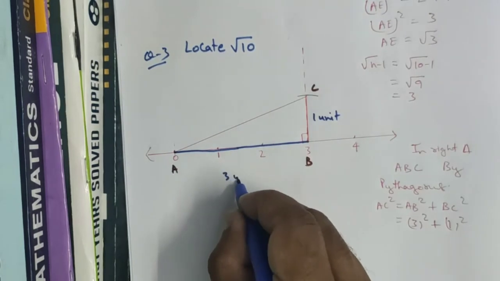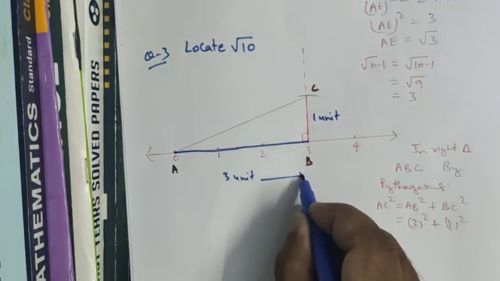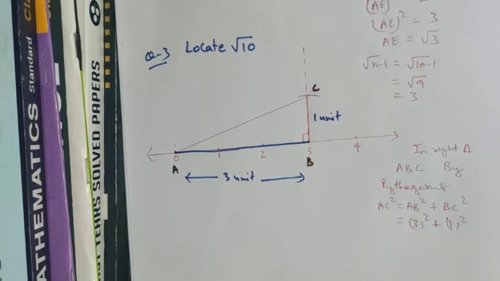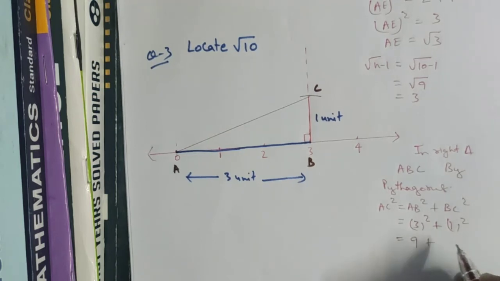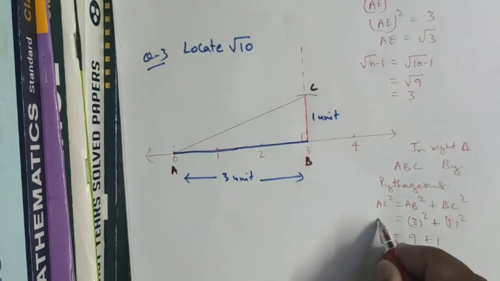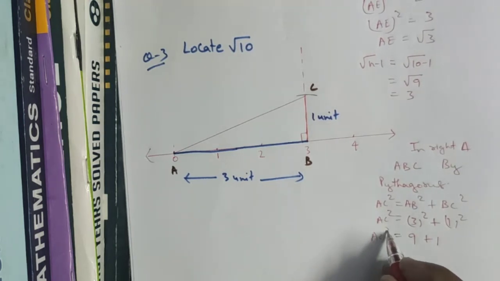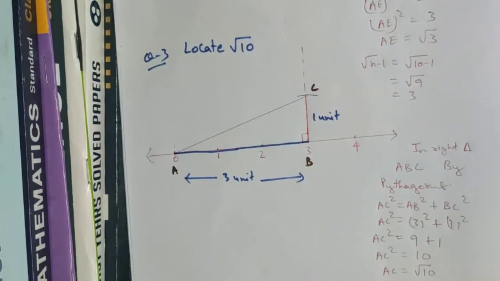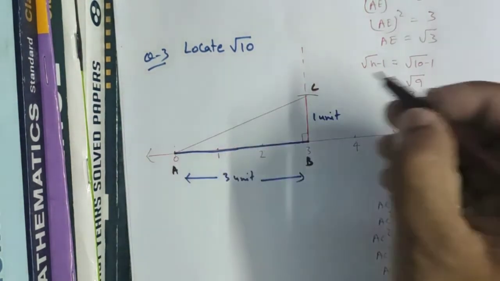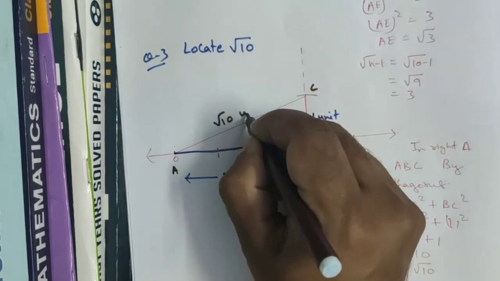This I have taken as 3 units. So square of AC will be equal to the sum of the squares of AB and BC. Square of AB is 3 square is 9 plus square of 1 is 1. So AC square is equal to 10. AC will be equal to root 10. So that means this AC is under root of 10 units.